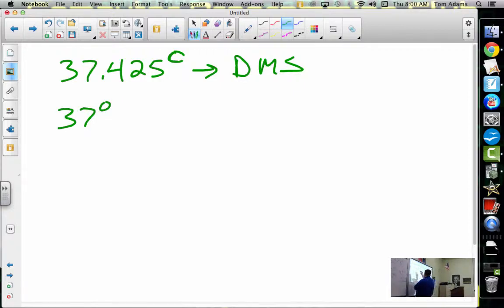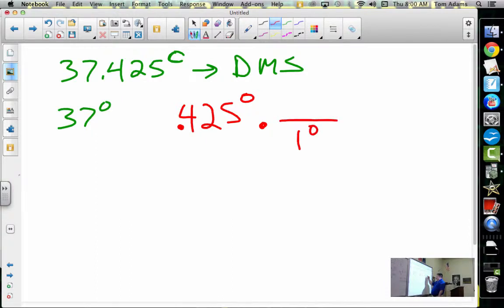But now I have 0.425 degrees, so I need to convert that to minutes and seconds. So if I say 0.425 degrees, well, how many minutes are there in a degree? We need to multiply this by the conversion factor of 60 minutes per 1 degree. When we do that, we get 25.5.